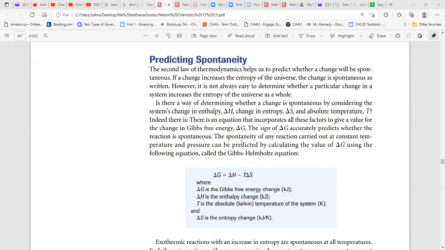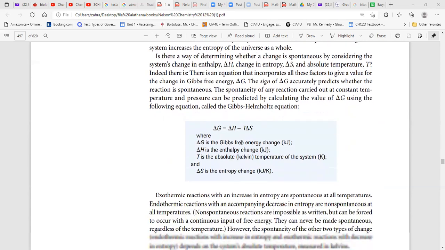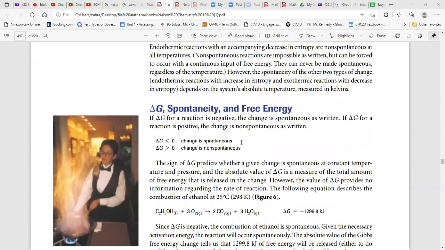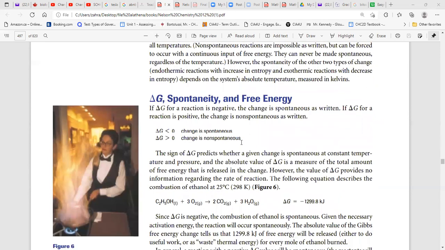Gibbs energy is delta H, enthalpy, minus temperature multiplied by delta S, entropy. Make sure the units are all kilojoules or joules: delta H in kilojoules, delta S in kilojoules, and temperature in Kelvin. If the change in Gibbs energy is negative, it's spontaneous, and if delta G is positive, it is non-spontaneous.